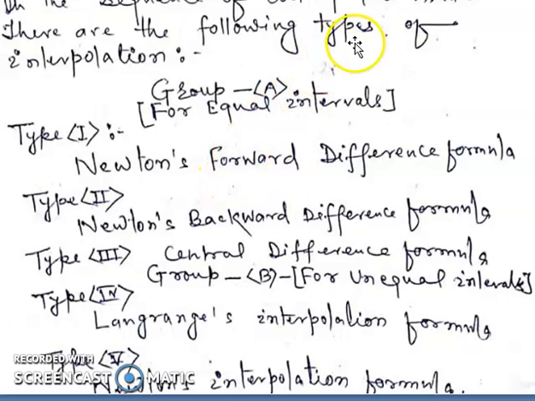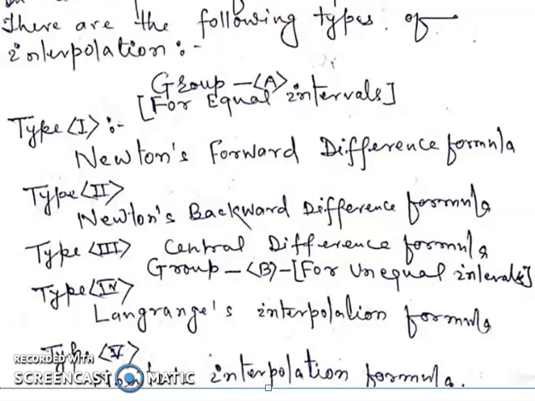Now, in the sequence of interpolation, there are the following types of interpolation. There are two groups. In the first group, group A, we have equal intervals.